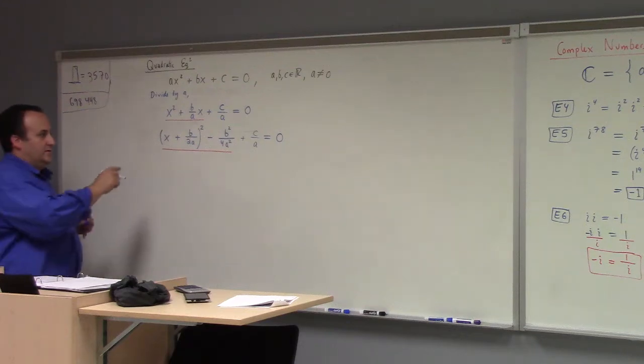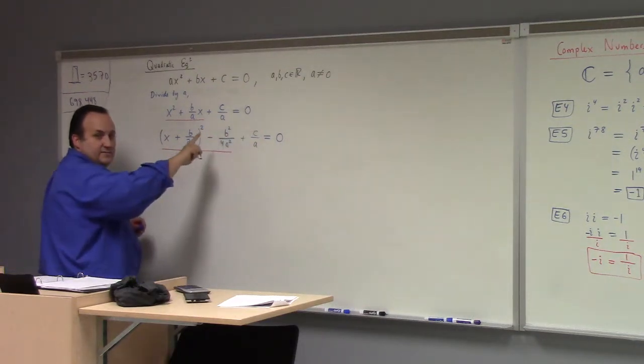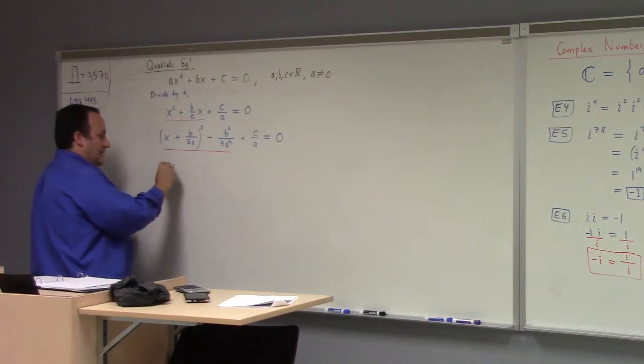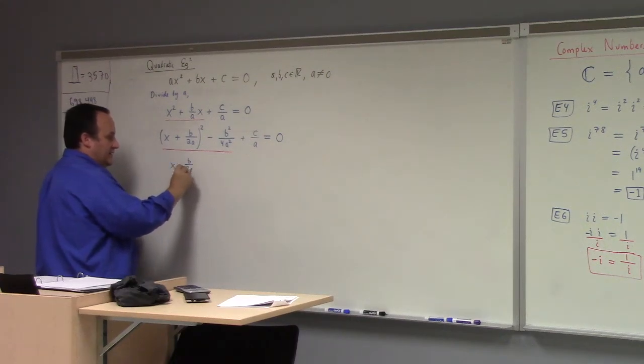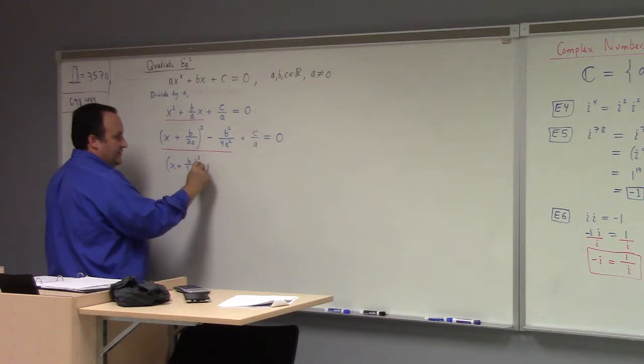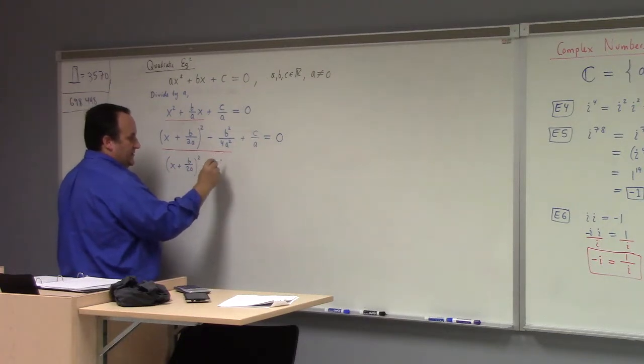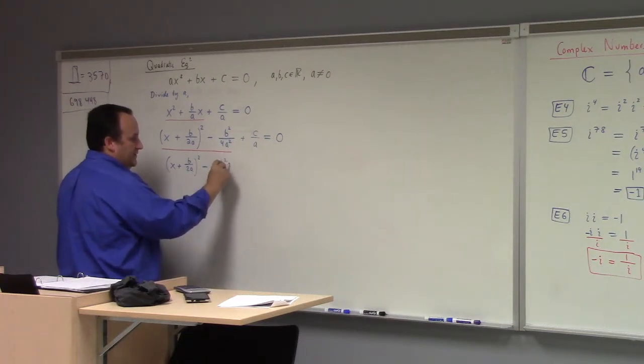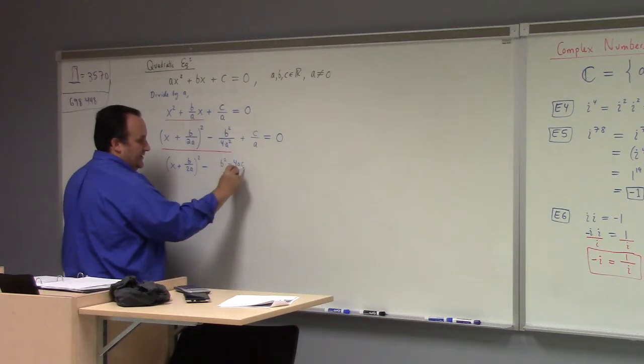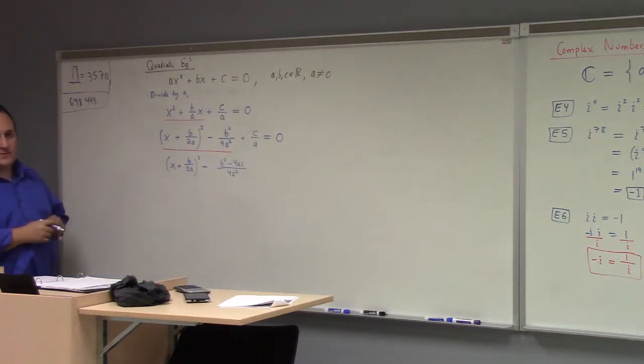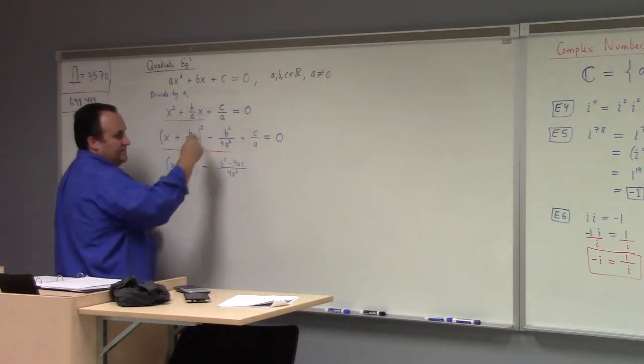I'm going to rewrite this as a single fraction. So x plus b over 2a quantity squared minus, and watch this, b squared minus 4ac divided by 4a squared. So I just made a common denominator of these two terms.